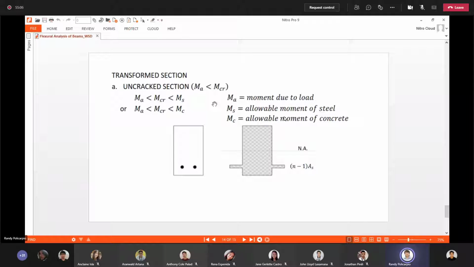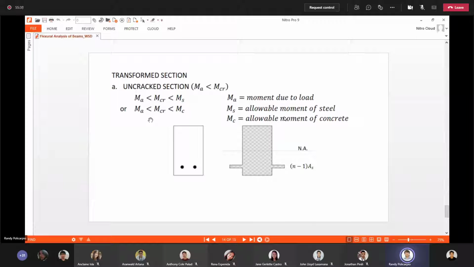So when we compare now the acting moment, the cracking moment, and the allowable moment, ito yung relationship nila, no? So the cracking moment will be greater than the acting moment, whereas the allowable moment of steel will be greater than the cracking moment.